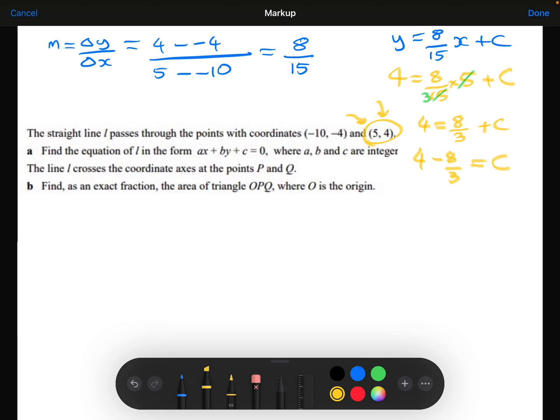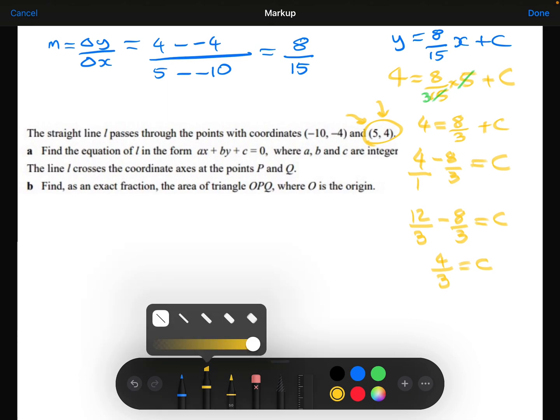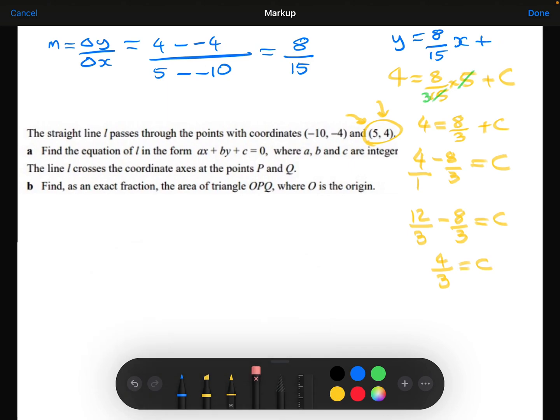Well, to help us with that, let's get a common denominator. So the 4 over 1 is the same thing as 12 over 3. And now I can see that my c value is 4 over 3. So let's plug that back into my equation up here.